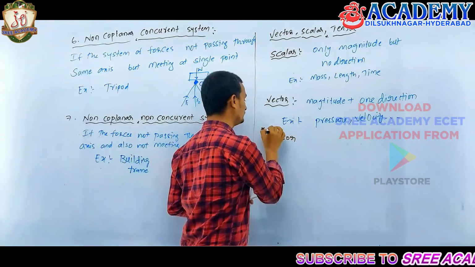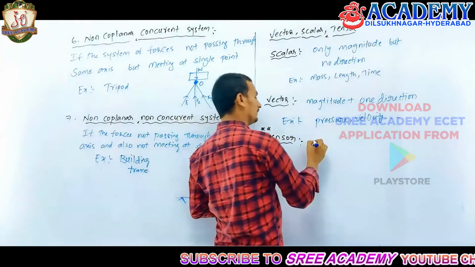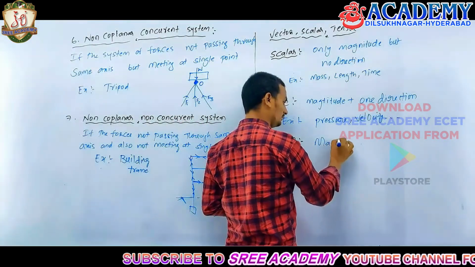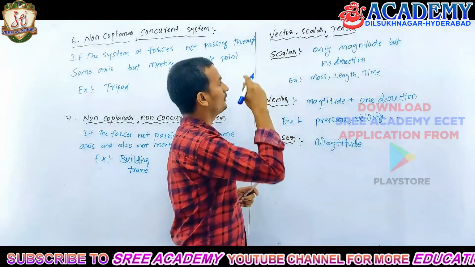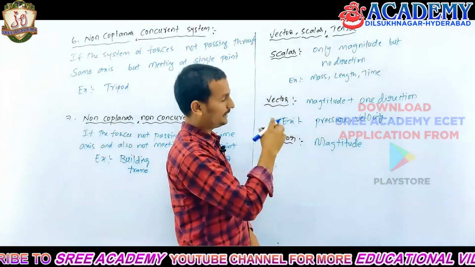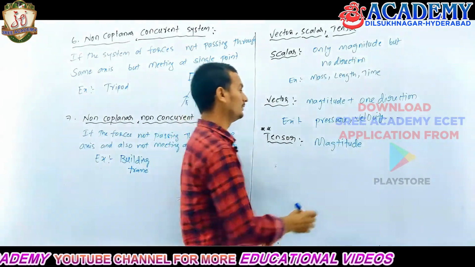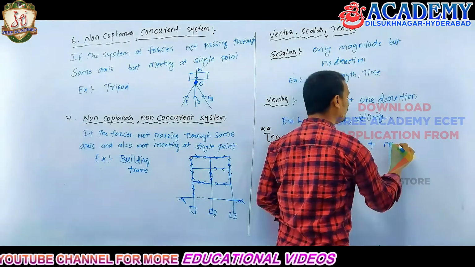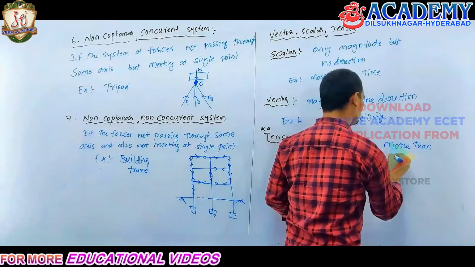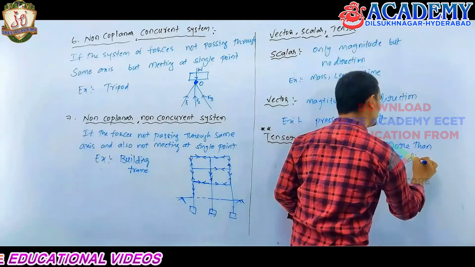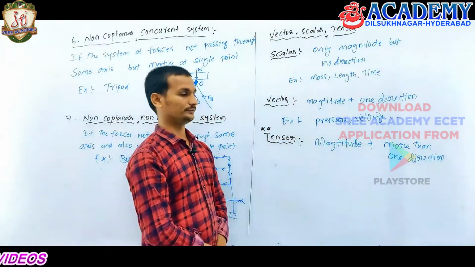And the next one, important, tensor. What do you mean by tensor? Important. Tensor is nothing but there is magnitude, same as a vector quantity and a scalar quantity. There is magnitude in all three, scalar, vector and tensor, but more than one direction is nothing but tensor.